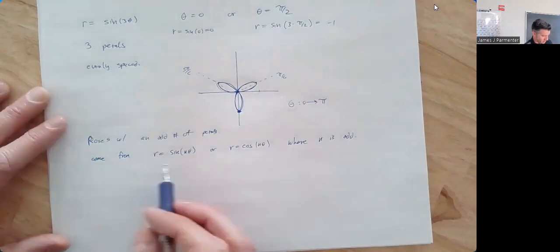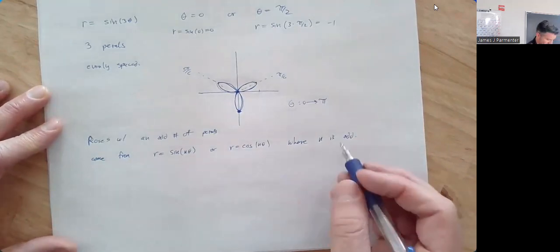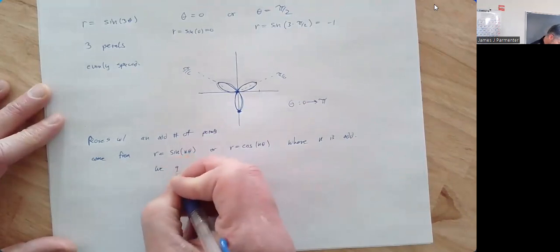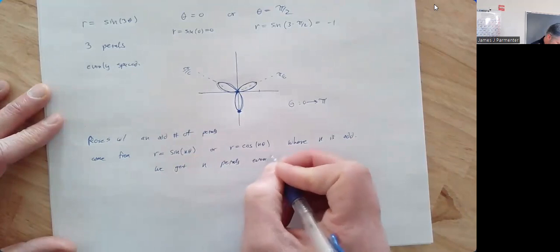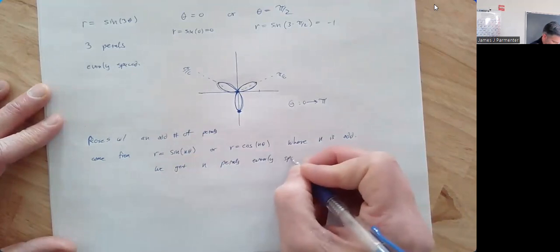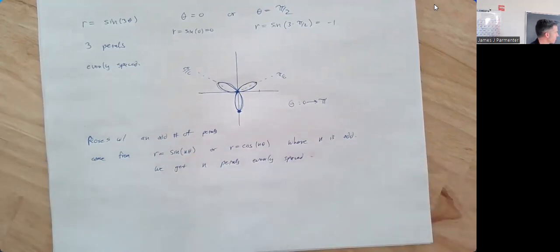So if you have r equal to sine n theta or cosine n theta, you're going to get n petals evenly spaced. And just find where one of them lies on either the x or the y axis.